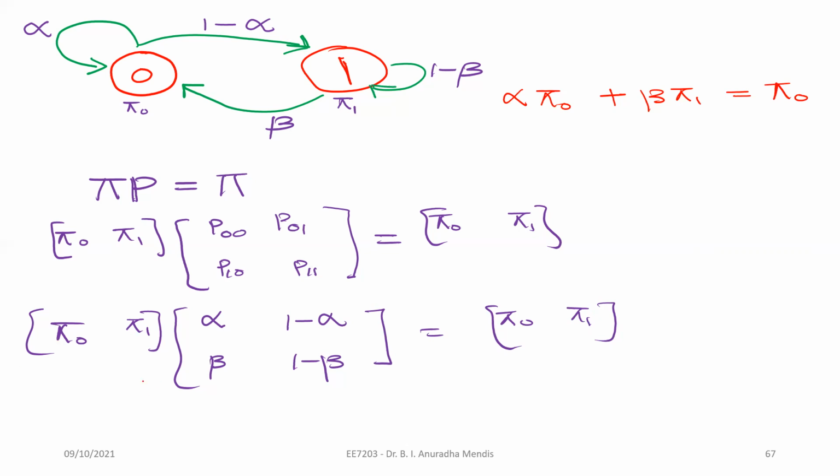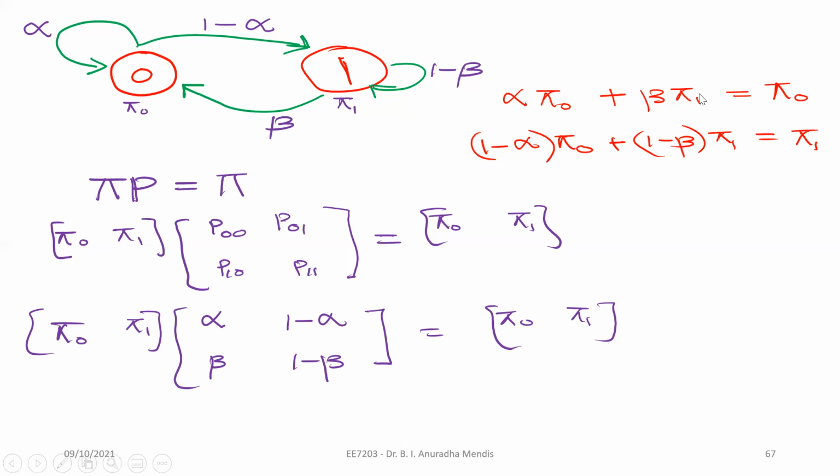The first equation. Yeah, the second equation is 1 minus alpha times phi naught plus 1 minus beta times phi 1 equals phi 1. So these are the two equations. Now you have to find phi naught and phi 1. There are two unknowns and two equations. It can be checked.